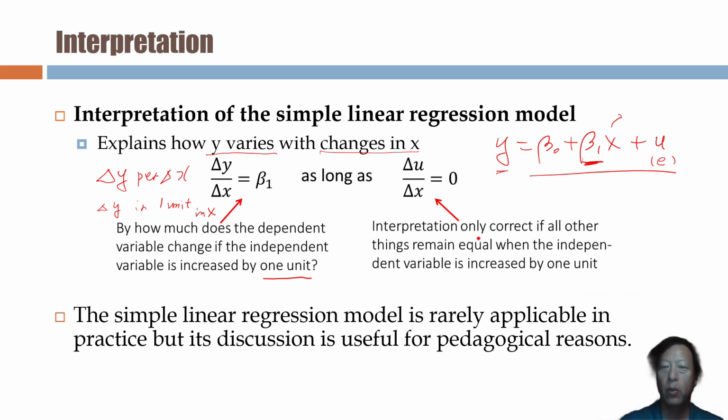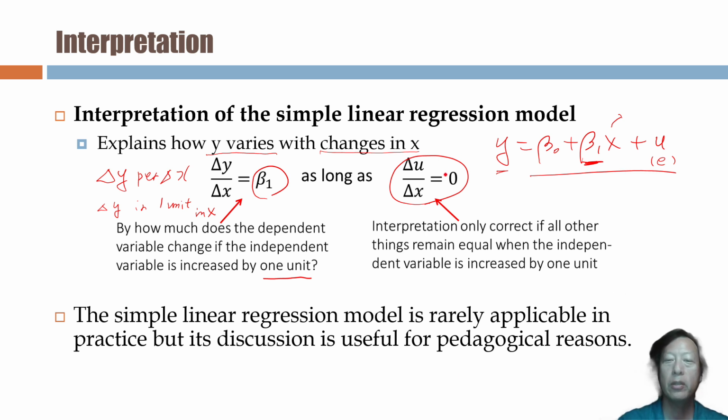This interpretation is only correct if all other things remain equal when the independent variable is increasing by 1. Why should this be 0? Because the error cannot be changed by x. If the error can be explained by x, that is not an error, right? So beta 1 should capture all the effect of x.